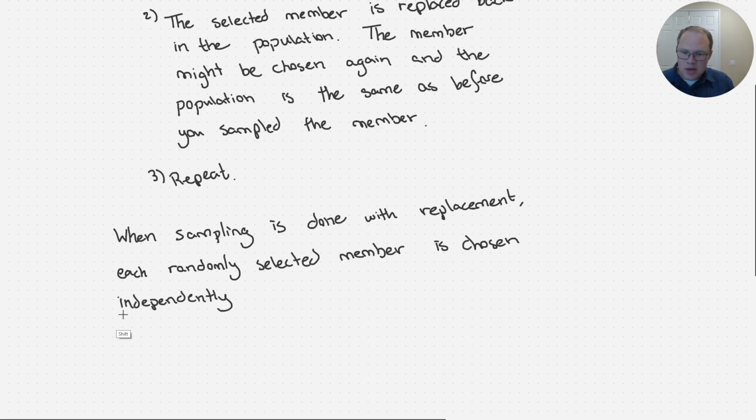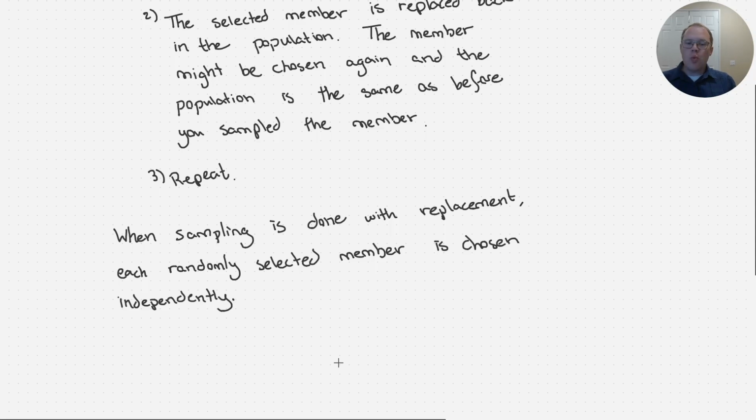Okay, that's a key word there, independently. Remember, we just talked about independence. So when these two events are chosen independently, that means we get to use that simpler multiplication rule if we want to calculate an AND probability.